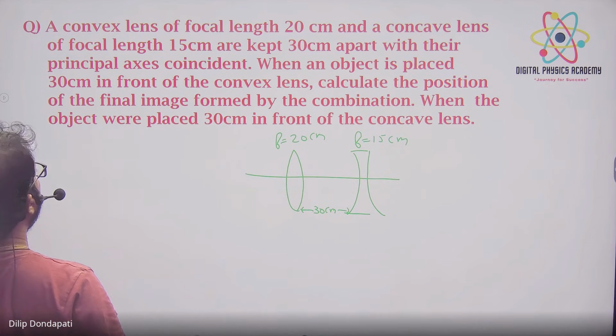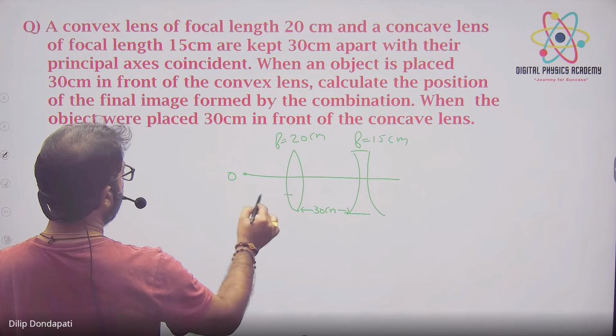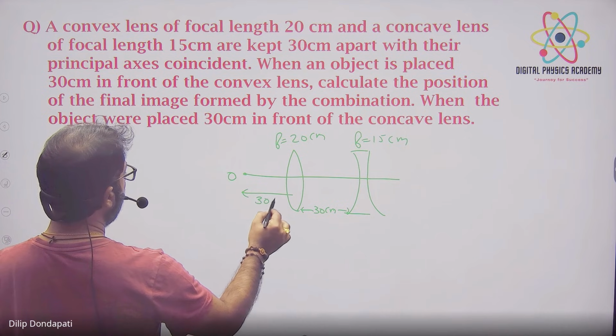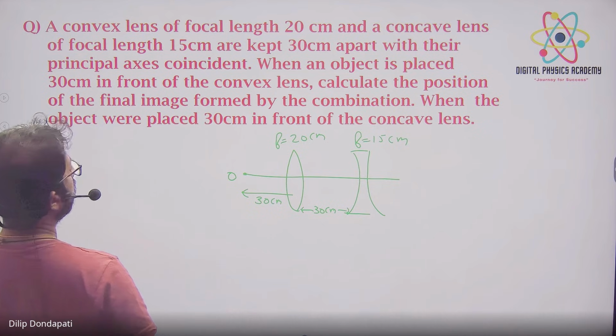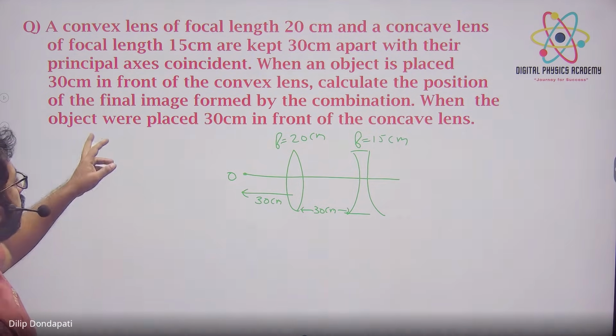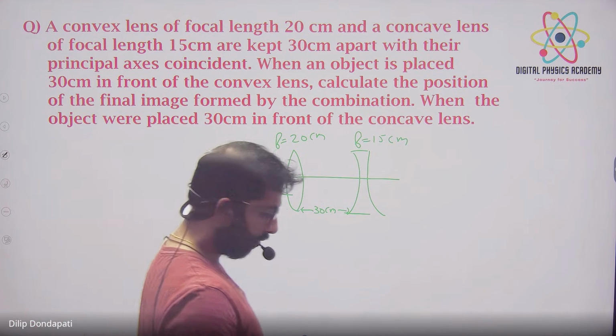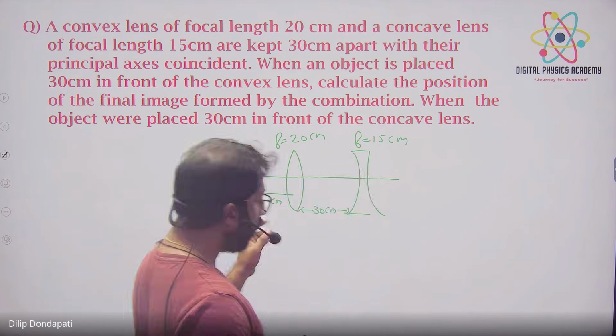When the object is placed 30 centimeters in front of the convex lens, find the position of the final image formed by the combination.